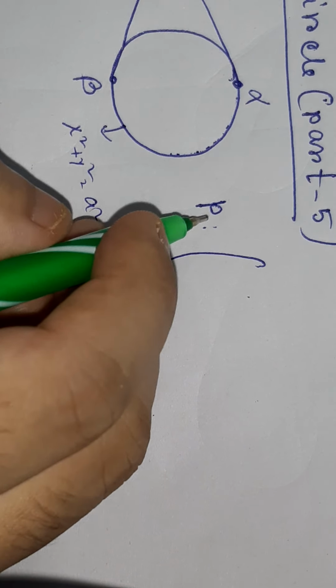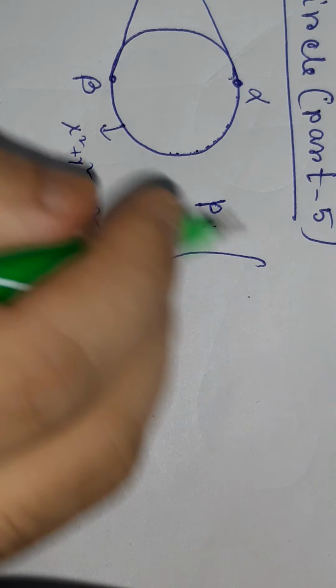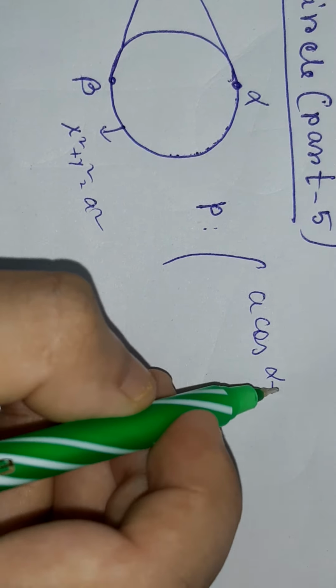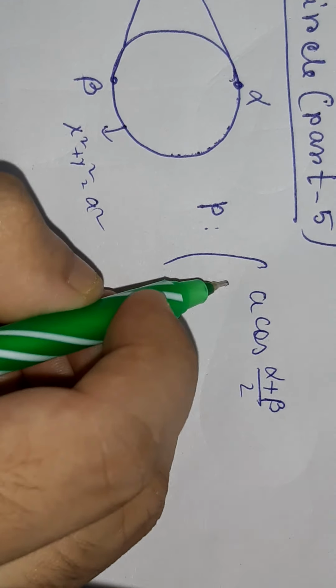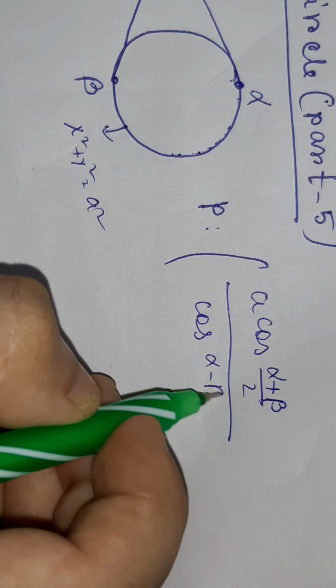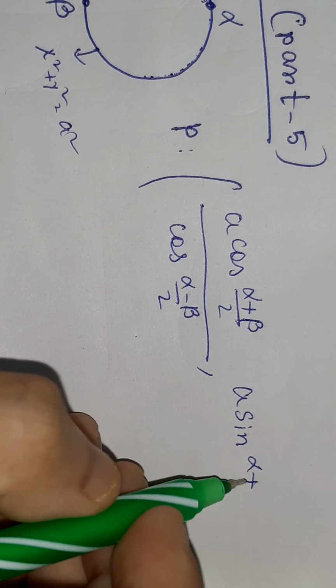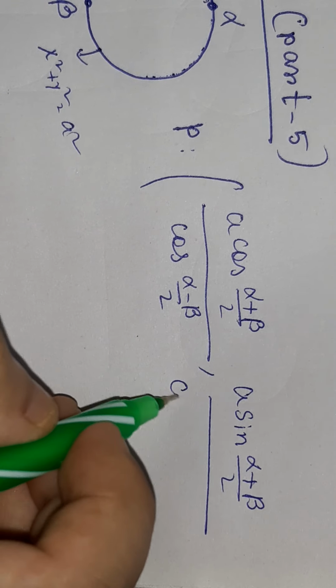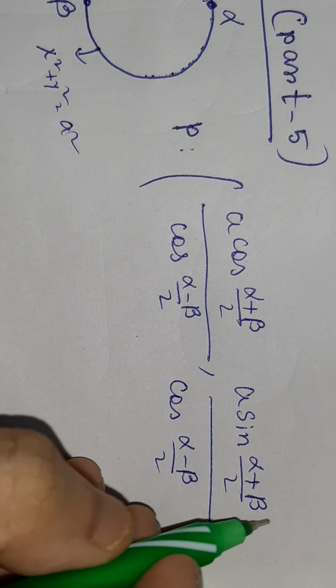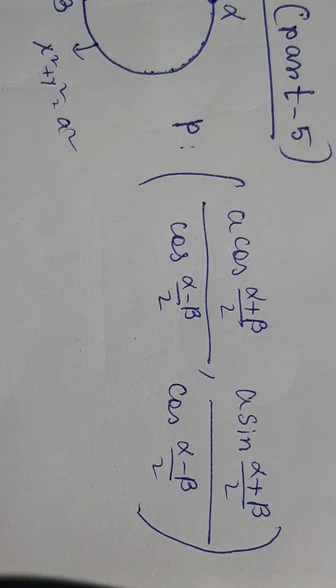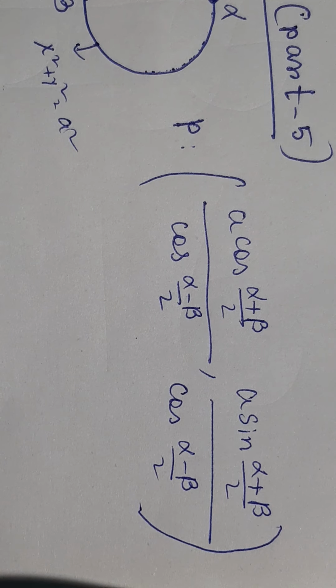Then the coordinates of the point of intersection of these tangent lines will be a cos((alpha plus beta) by 2) by cos((alpha minus beta) by 2), comma, a sin((alpha plus beta) by 2) by cos((alpha minus beta) by 2).